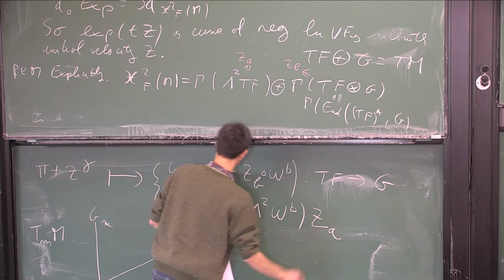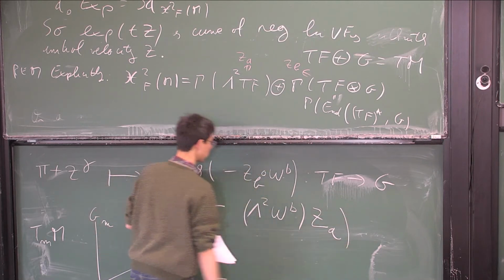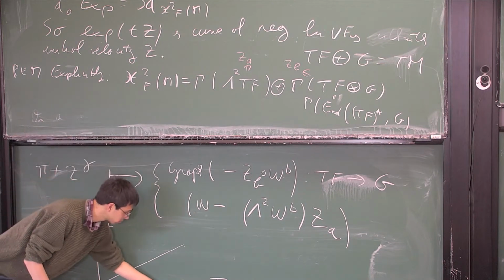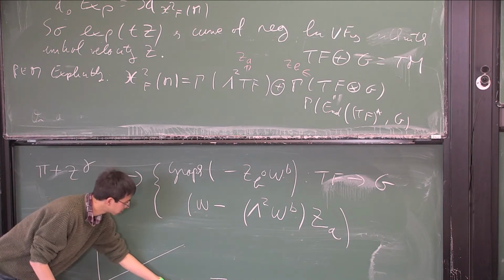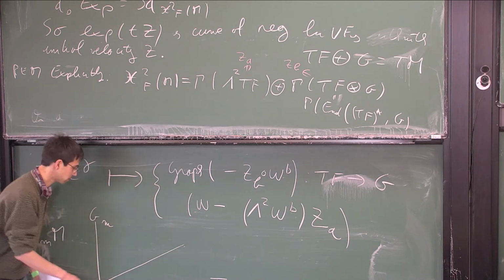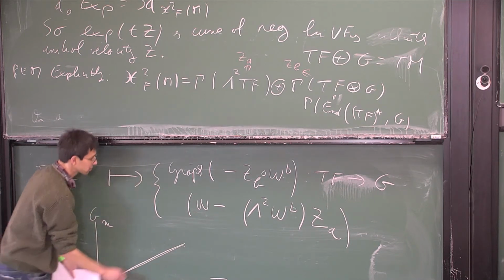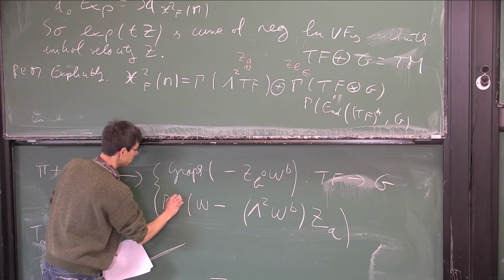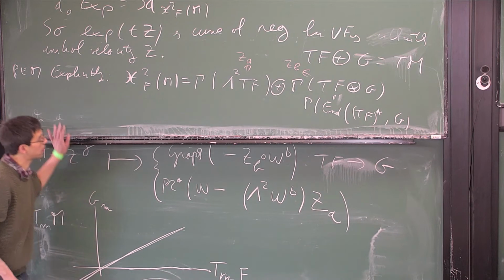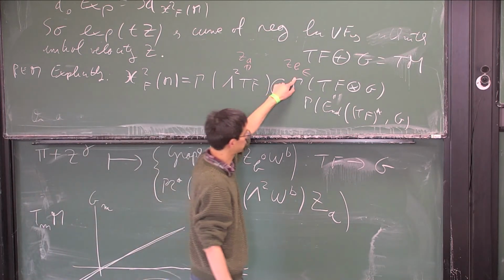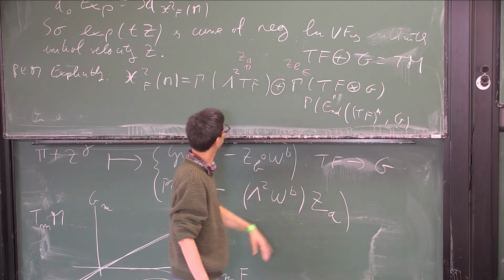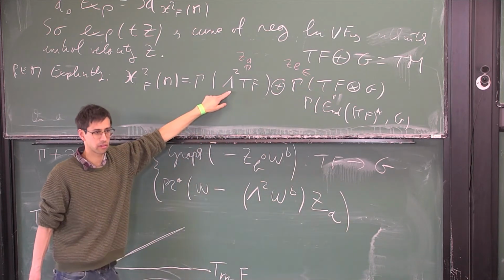Both these are two forms on TF, but I can pull them back, so I'll just write PR star. So the bottom line is that this component changes the distribution and this the foliated two form.